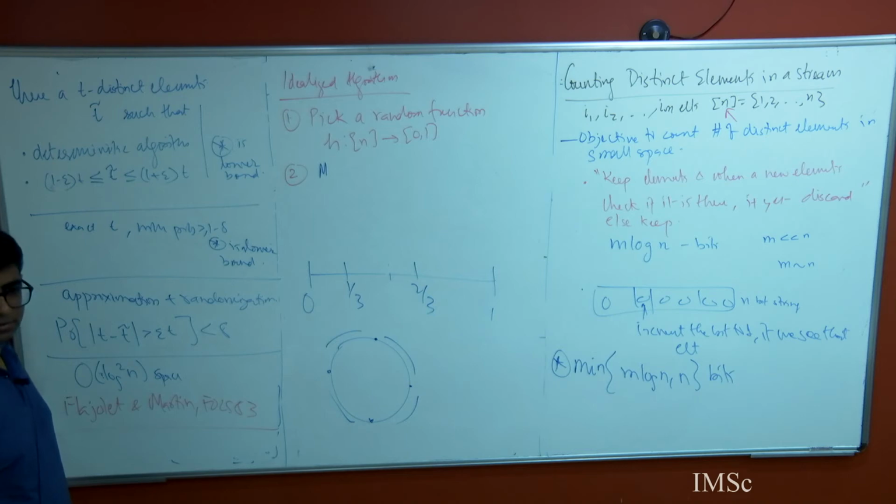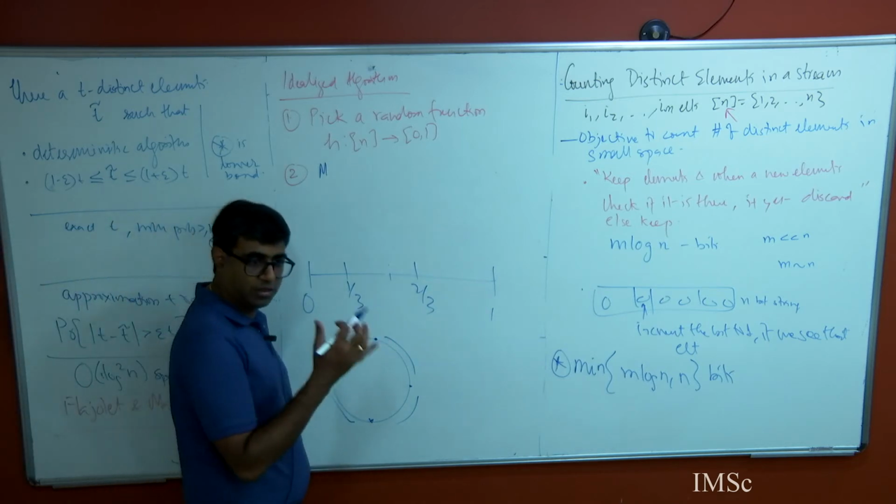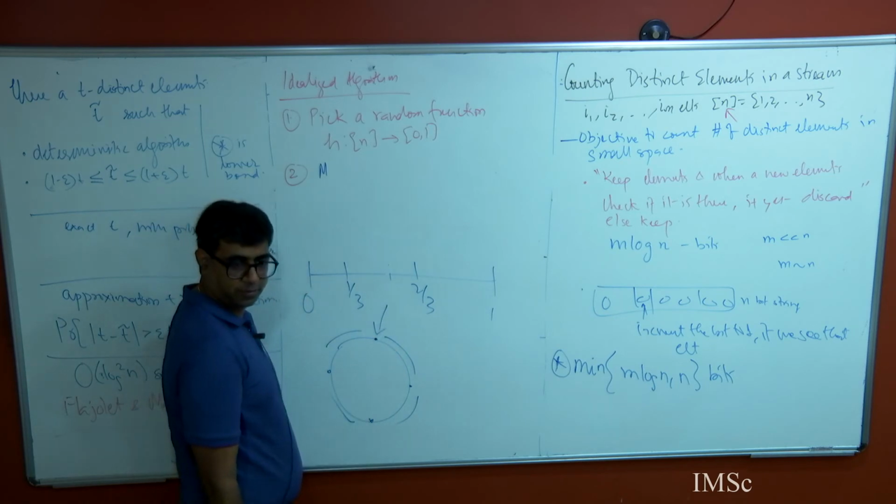So what does it tell us? Look, this is a function, so whatever number comes, all the same elements are going to be mapped to the same number. That's perfectly fine.